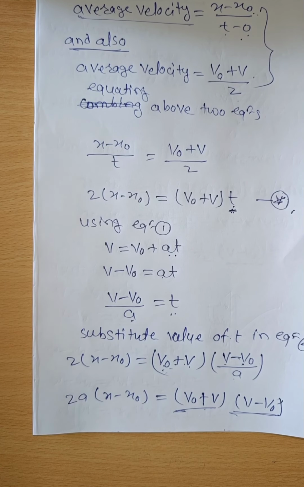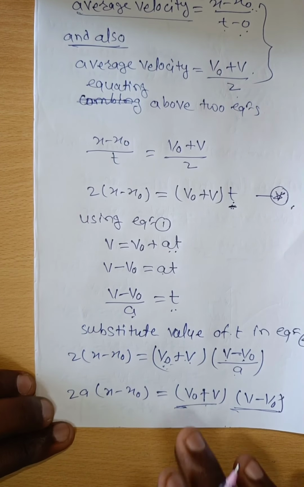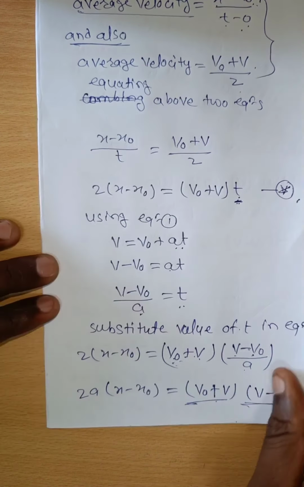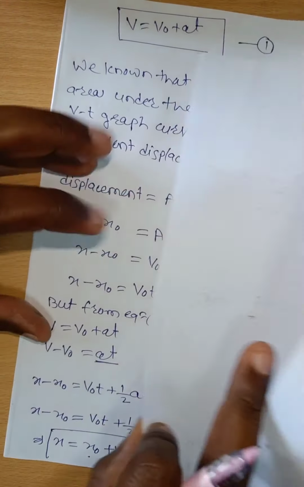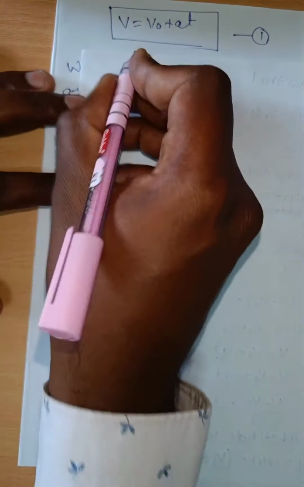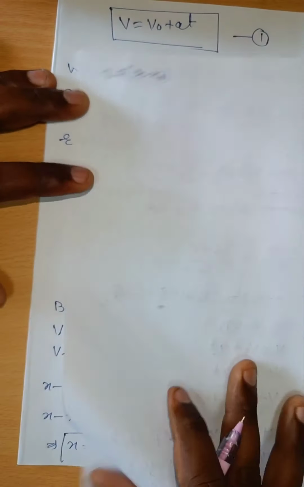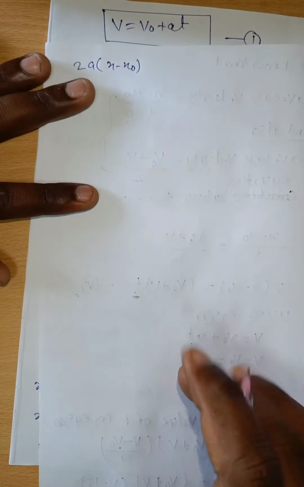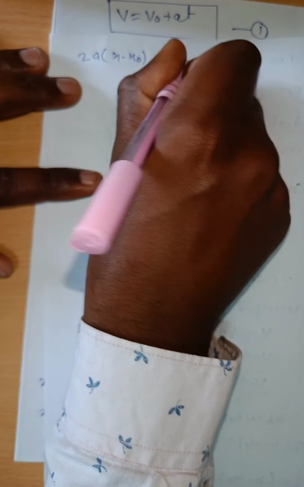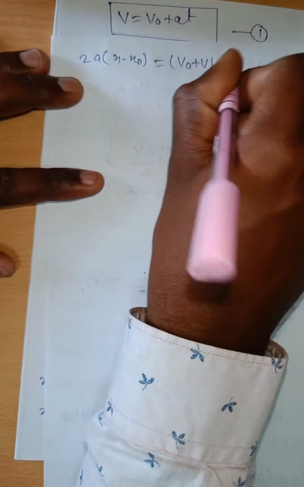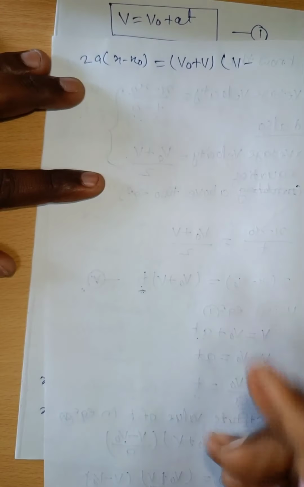We write the same equation on the next page as 2a into x minus x naught is equal to v naught plus v into v minus v naught.